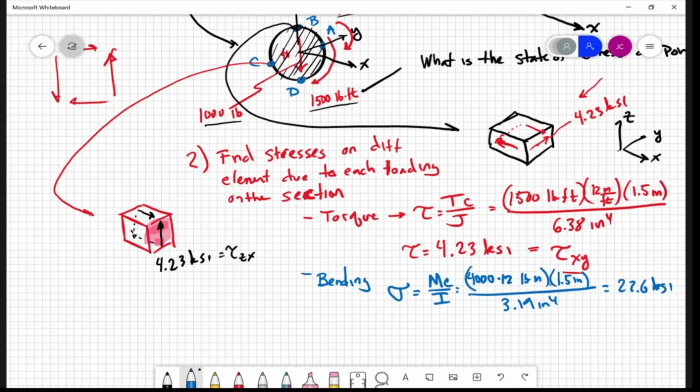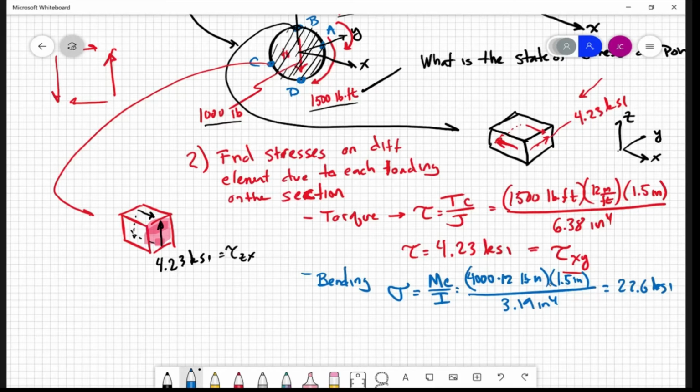It's a normal stress. How does it act? Well, if you think about, again, if we're on this cross section, right, and here's B, this whole thing wants to bend down, right? So the normal stress wants to pull out from point B. It wants to push in down here at point D. So it wants to come out at point B, push in at point D, and then at C and A, those are 2 points on the neutral axis.